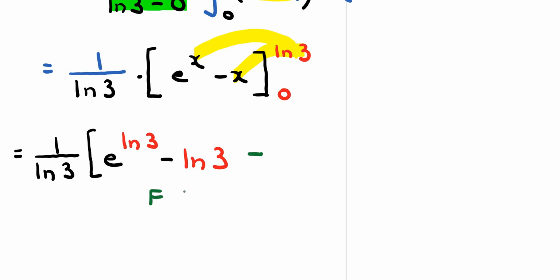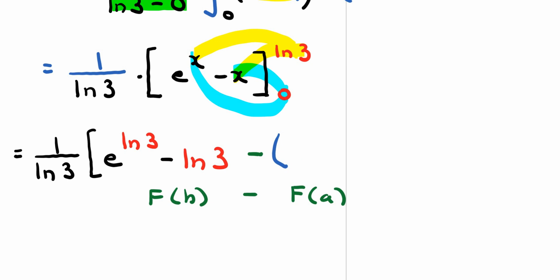So this is your upper bound, f of b, minus f of a, and in order to capture f of a, I will put another open bracket here and insert our lower bounds. So this will be e to the 0 minus 0, that's f of a, and then I close the bracket off. There is the fundamental theorem of calculus being applied to this problem.